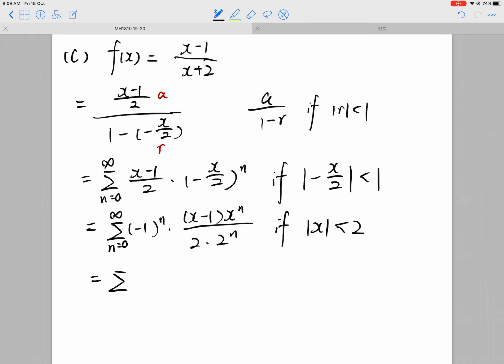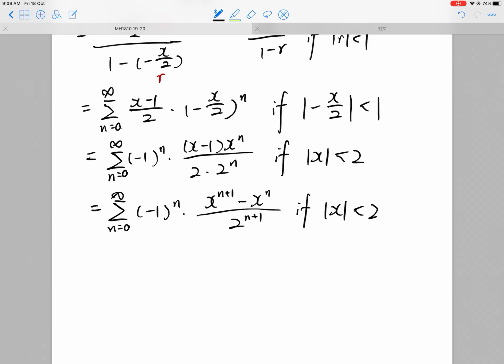So it is the summation n from 0 to infinity of negative 1 to the power of n times x to the power of n plus 1 minus x to the power of n over 2 to the power of n plus 1, if x is smaller than 2. So the radius is 2, the center is 0, and the convergence interval is negative 2 to 2.